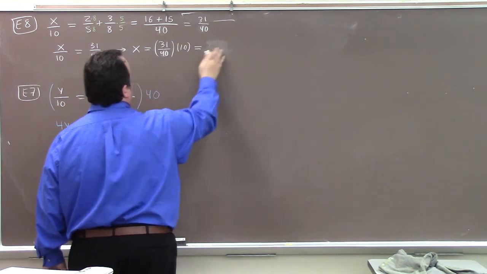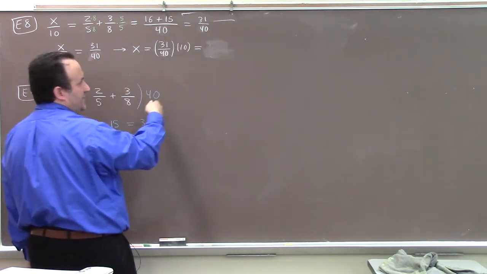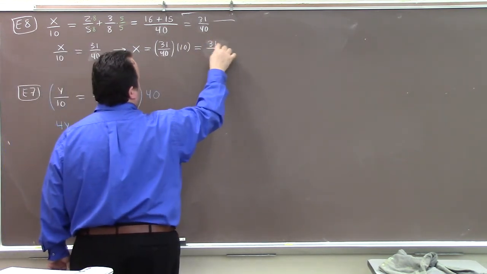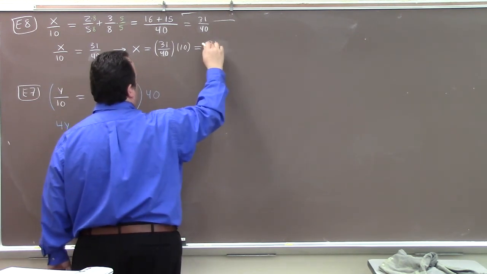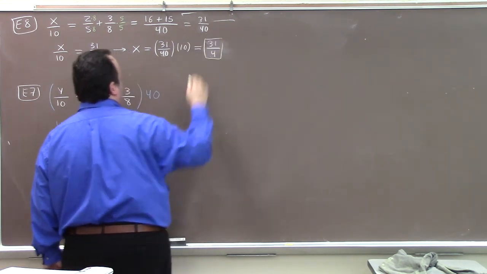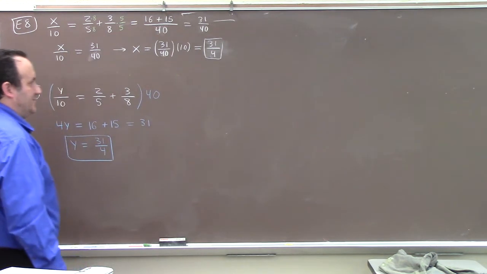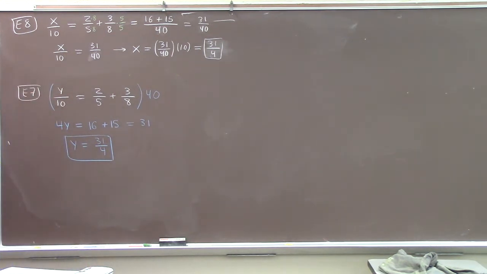Now it's obvious, right? So the 10s cancel and you get 31 over 4. We should not get a different answer for doing it a slightly different way, yeah? Even if we do it a really different way, we shouldn't get a different answer. It's math, right? Your life experiences really shouldn't figure into it, you know?